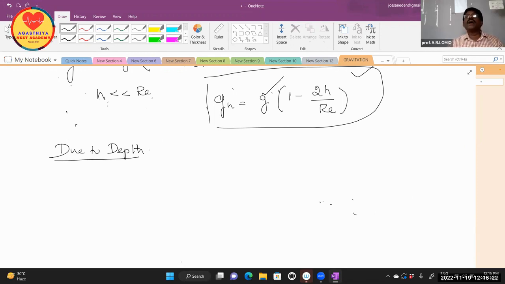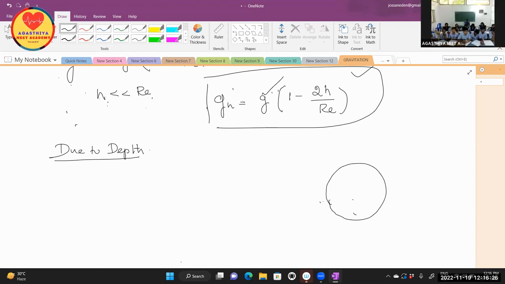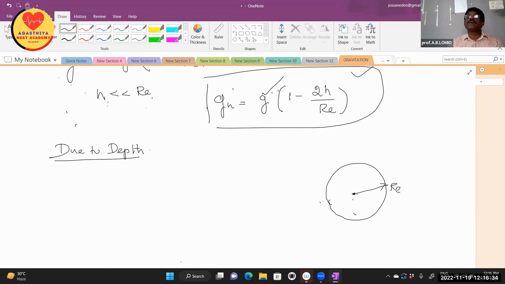Consider this is the Earth. This is the center. This one is the radius. Now, let us calculate the acceleration due to gravity at a particular depth from the surface.